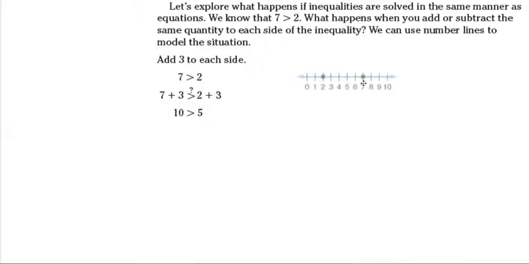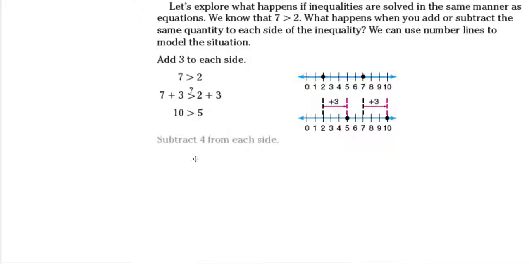If we add 3 to each side of 7 greater than 2, that would be 7 plus 3. Is it greater than 2 plus 3? Yes, it is, because 10 is greater than 5. On the number line for 7 greater than 2, if we add 3 units to each side, you end up with 10 greater than 5.